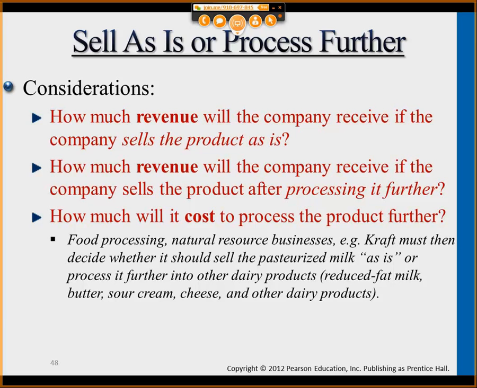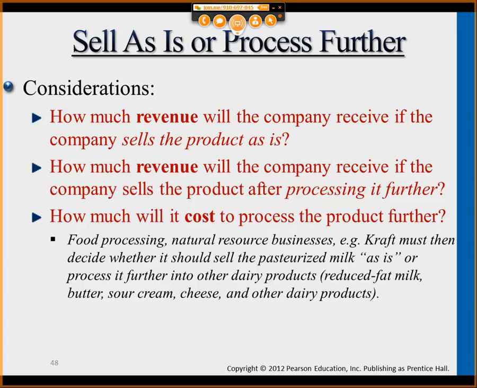And in some cases, you're not going to have a finished good to sell. It will be a finished good for your product line, but in fact, it's not a complete good. So sometimes that happens. To decide if we're going to sell it as is or finish the production and process it further, we'll answer the following questions.